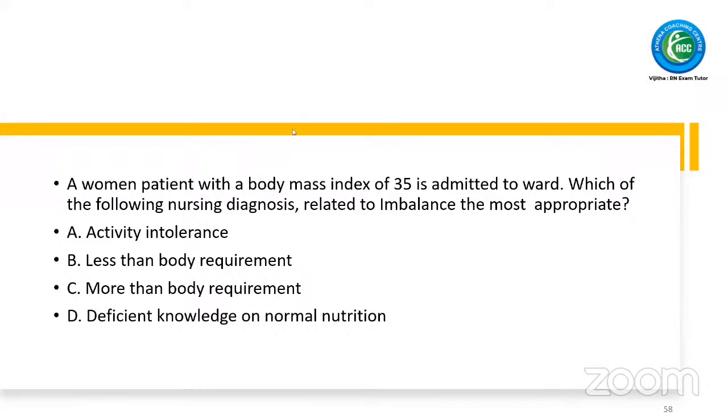What is the normal BMI? 18 to 24.5. So is 35 increased or reduced? It is increased, so it is indicating obesity. BMI 35 is indicating obesity.